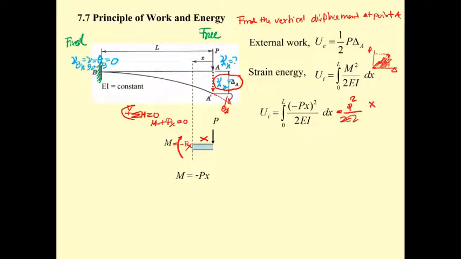So it's going to be x cubed divided by 3, from 0 to L. And then you get P squared L cubed divided by 6EI. And then you have this portion, and all of them, when you push it, this is going to be the same value, right? You're going to put them together, this one to this one, and then you have what?